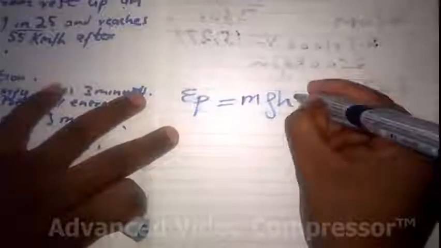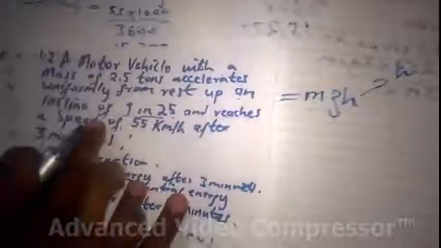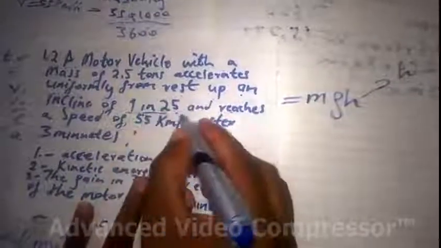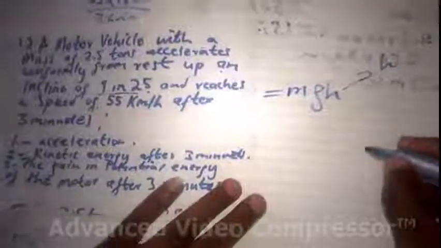Now, we have to find our height. According to the statement, the vehicle went on an incline of 1 in 25.